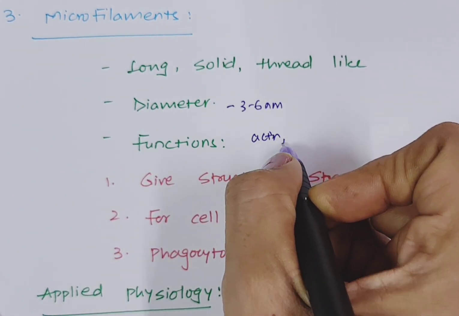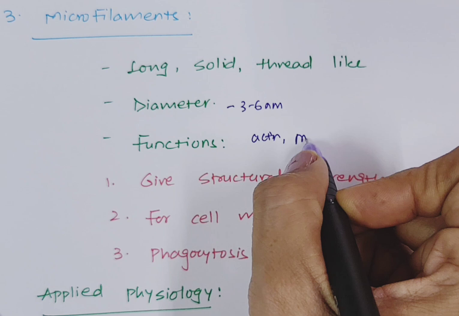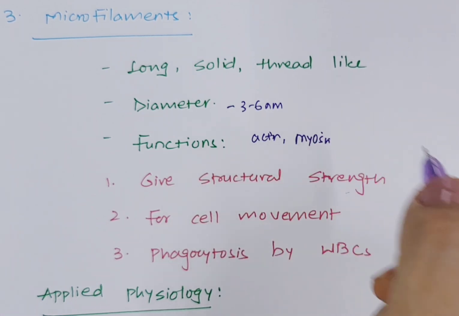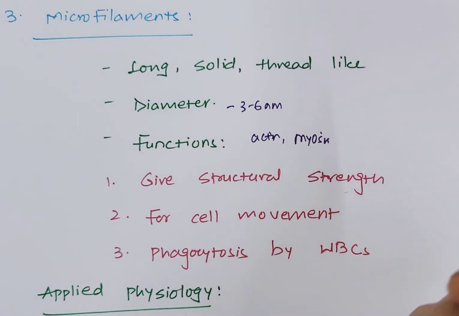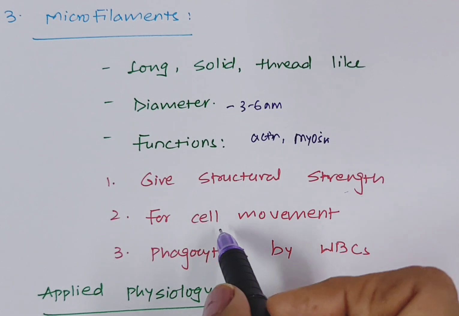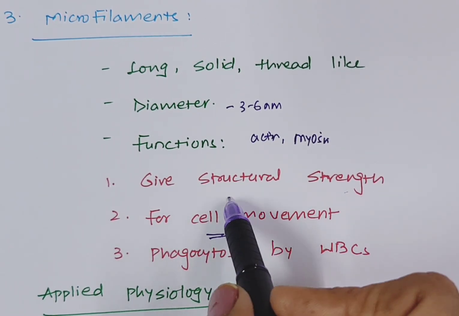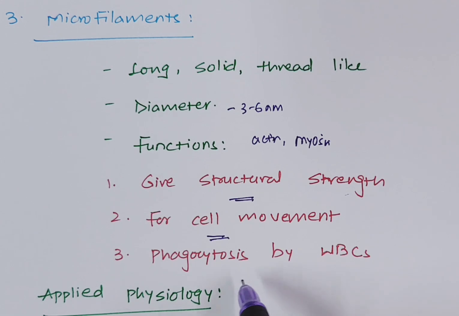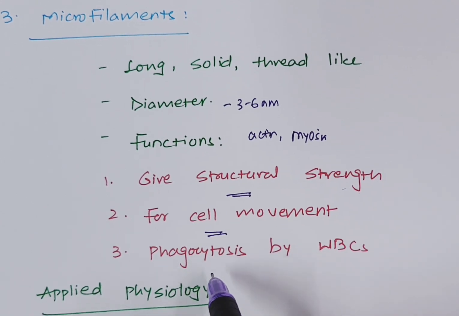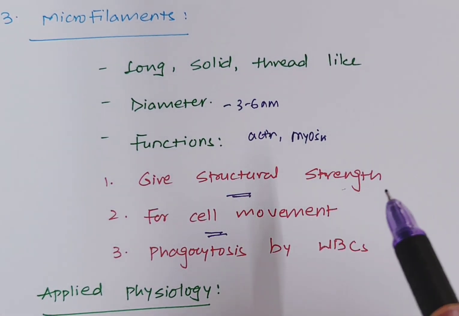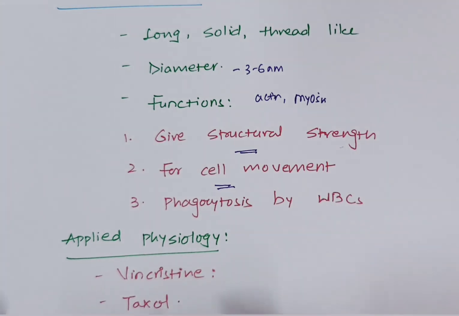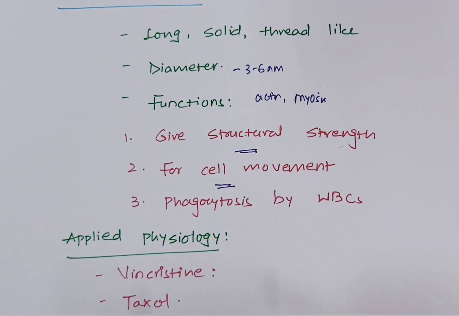We are all familiar with actin and myosin, and this contractile protein is important for cell movement and contraction of the cell. Also they provide structural strength, and another important function is the phagocytic action by WBC.